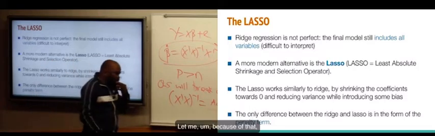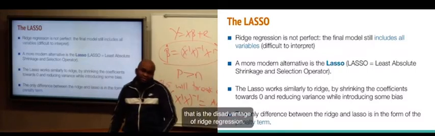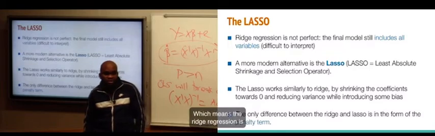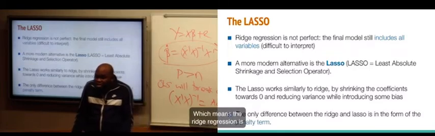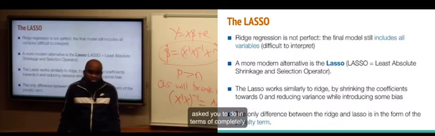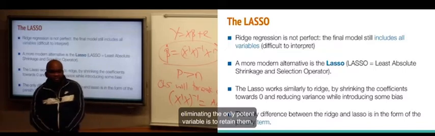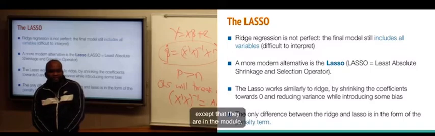That is the disadvantage of ridge regression, which means ridge regression is not even doing what we ask it to do, in terms of completely eliminating the unimportant variables. It still retains them; they are in the model, but they're not going to be significant.